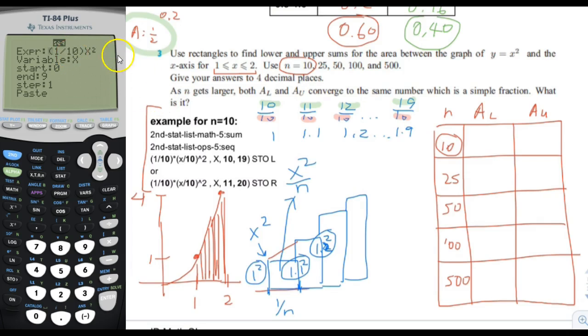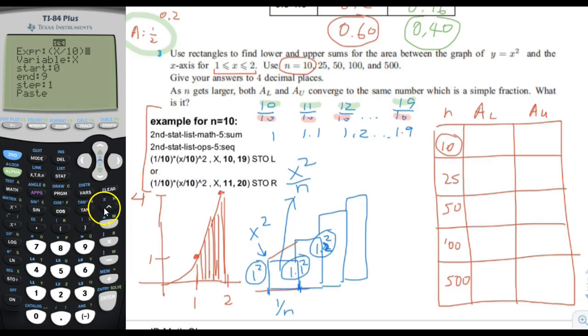The first expression is going to be a way to generate the 1, the 1.1, the 1.2, up to 1.9. The way we're going to do that is we're going to have a counter, which is x, and we're going to divide it by 10, and then we're going to square the whole thing.